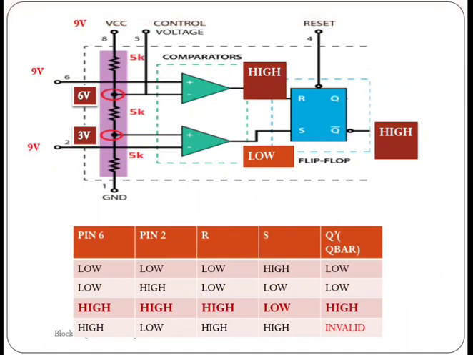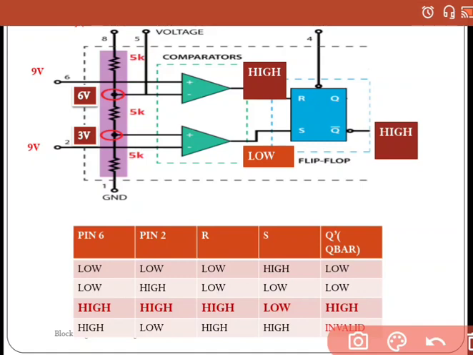Now look at the next case. In the next case we are putting a voltage of 9 volt in the pin number 6. If we are putting 9 volt in this pin 6, what is going to happen? The non-inverting terminal voltage is 9 volt and the inverting input terminal voltage is 6 volt.